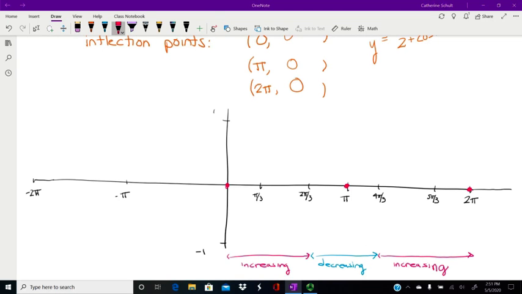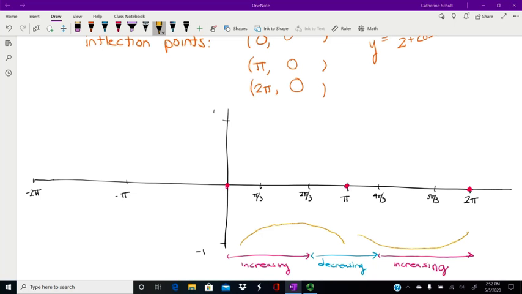We also know the concavity of everything. From 0 to pi, we're concave down. I'll just do that, and we'll adjust it after that. And then from pi to 2 pi, we're concave up. So all these things kind of have to intersect, okay?